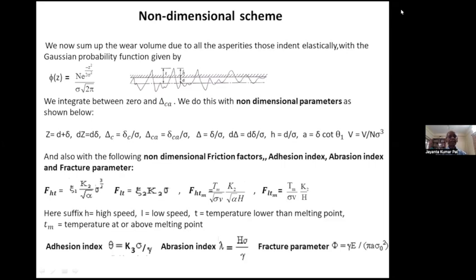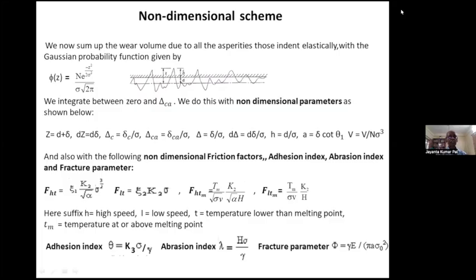And while integrating, we need to use an asperity height distribution. And that we do by using Gaussian probability function given by phi of z equal to N, capital N, which is the number of asperity per unit area, e to the power minus z square by 2 sigma square divided by sigma root 2 pi.